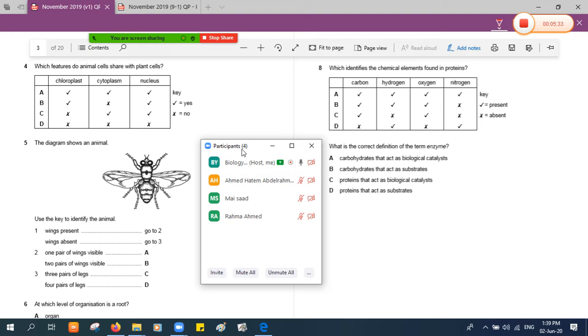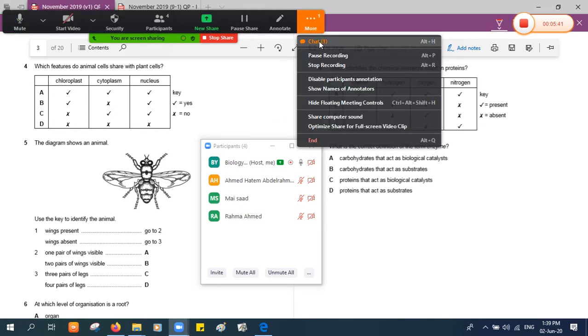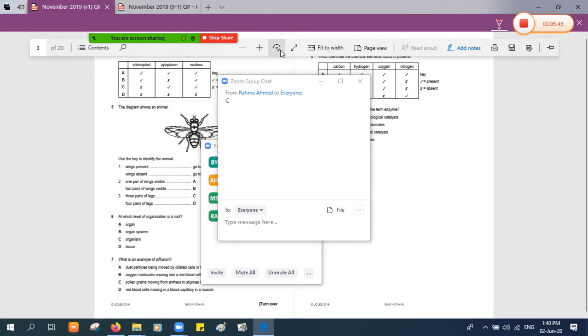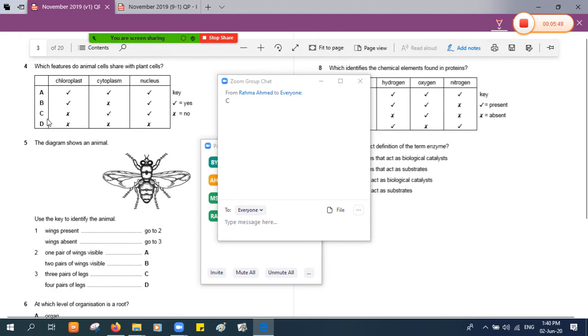Here you have chloroplast, cytoplasm, and nucleus. Tick for yes and X for no. So number 4 is C. Perfect, because animal cells don't have chloroplast and they have cytoplasm and they have nucleus for sure.